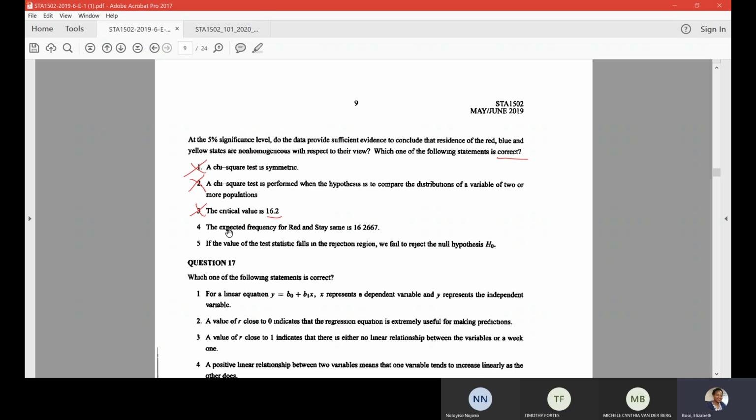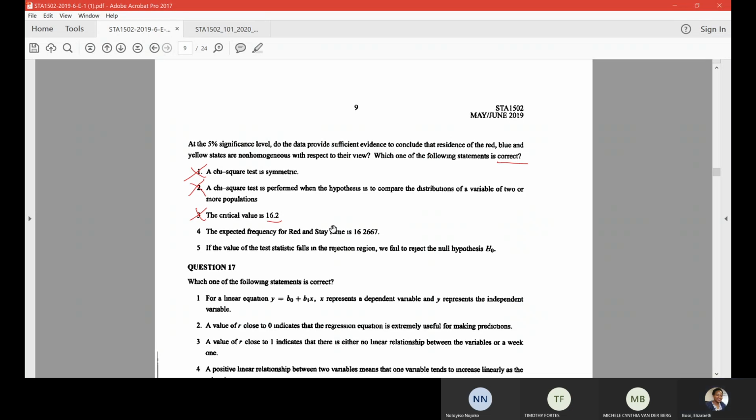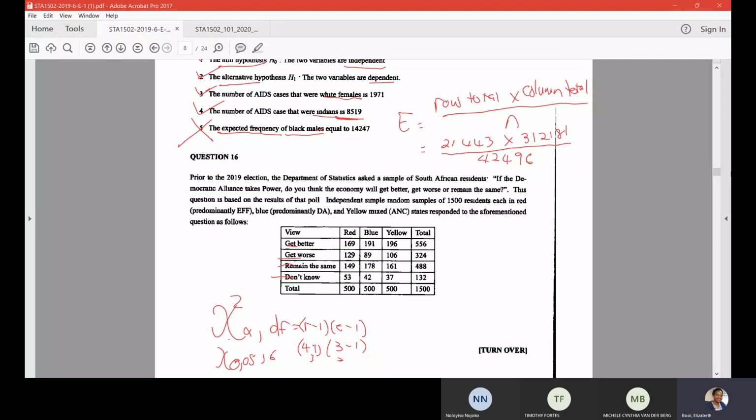Now we need to calculate the expected frequency of red and stay the same. That is, we calculate the expected value of red and stay the same.